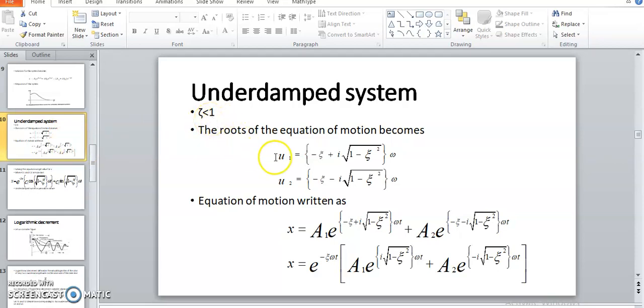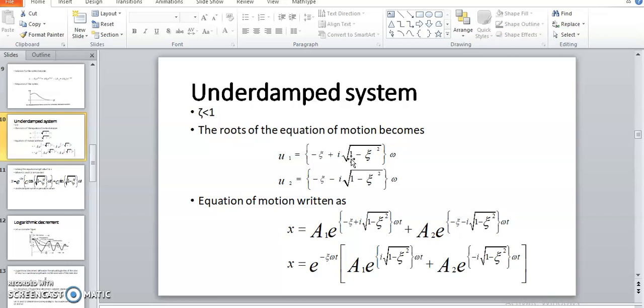The two roots are now imaginary. The square root term becomes negative, so the imaginary number i is introduced here, because the difference inside the square root becomes negative. We put the imaginary number i.